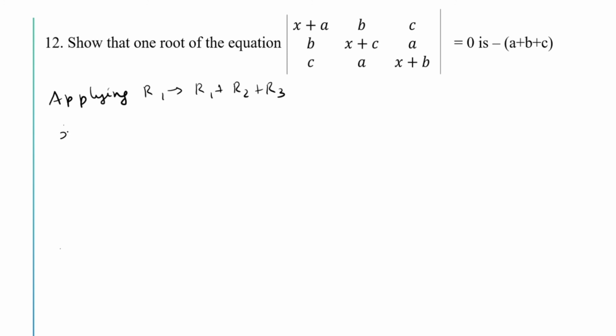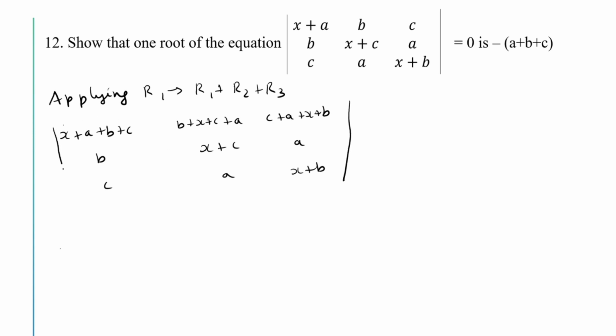We get x plus a plus b plus c, then b plus x plus c plus a, then c plus a plus x plus b. The other rows remain the same: b, x plus c, a; c, a, x plus b equal to 0. So here we can see that x plus a plus b plus c is a common factor.